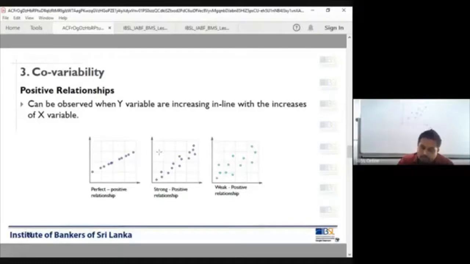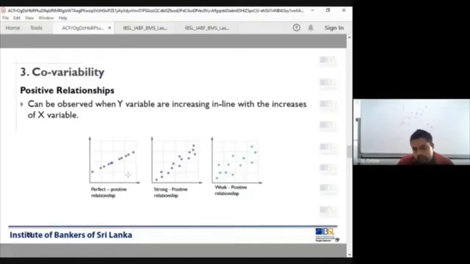But coming to the other 2, strong positive and weak positive, you may draw a line like this, and similar to the board example we discussed, you may draw a line like this. However, you may not see that the majority of the data points are being represented by that line. Coming to the last one, your line may only cross maybe 2 or 3 points.